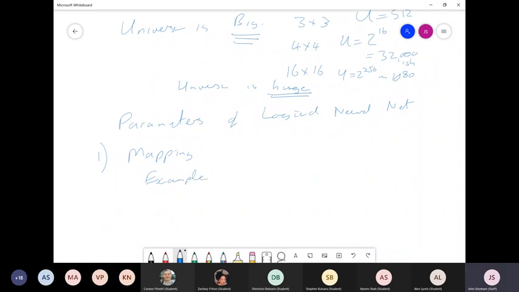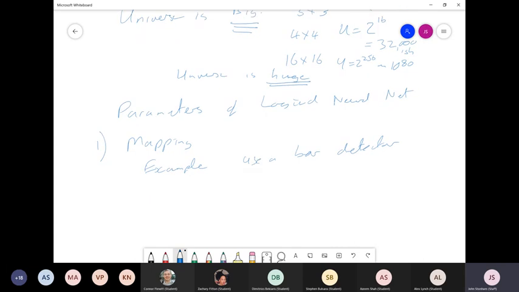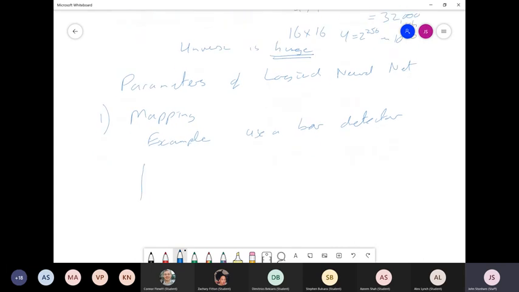And I want to use a vertical bar detector. And the training set I want to use is patterns that look like a vertical bar. And that's a pretty good vertical bar. Training pattern 1.